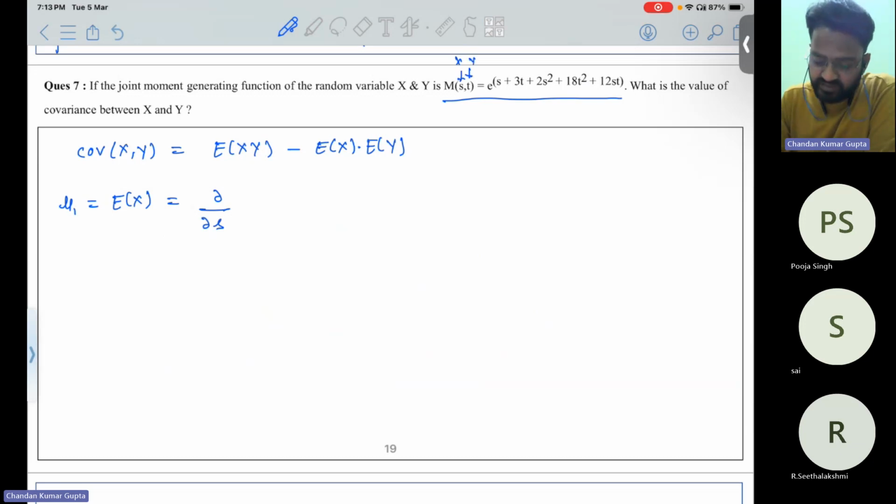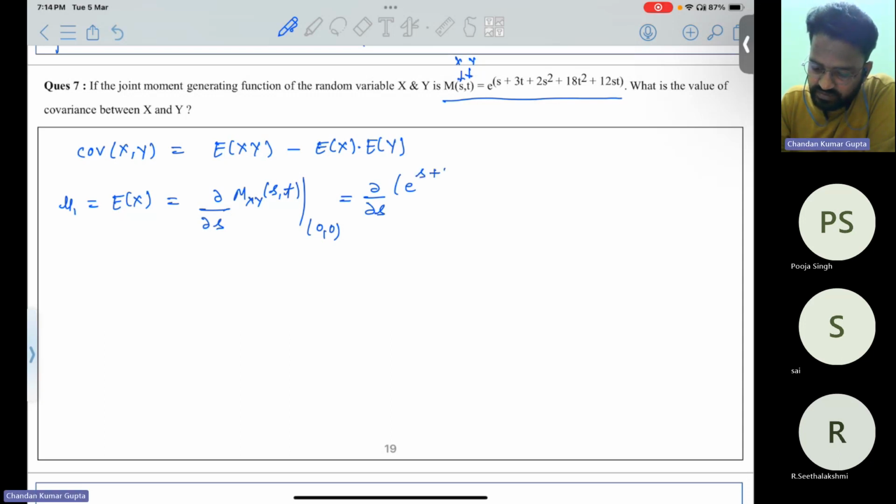We differentiate M_xy(s,t) with respect to s and then put the values of s and t equal to 0. So that means delta s of e to the power s plus 3t plus 2s square plus 18t square plus 12st.